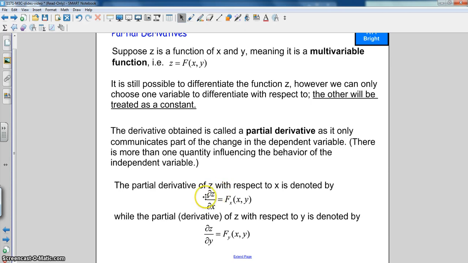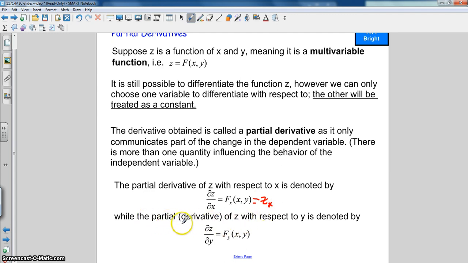So this is read as del z over del x, is equal to f, the function. The other way to denote a partial derivative is to use a subscript of the original function: the partial of f with respect to x, of x and y. You may also see it written as just z subscript x. That's another way to communicate the partial derivative.